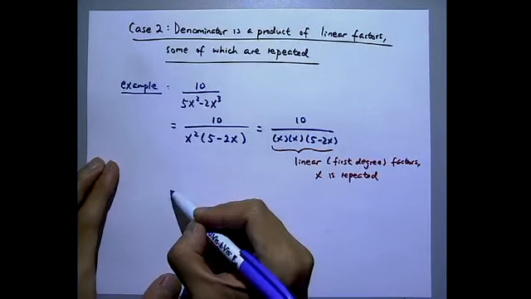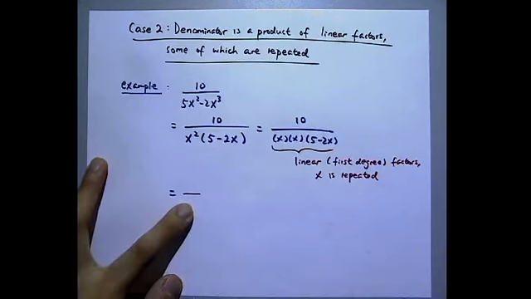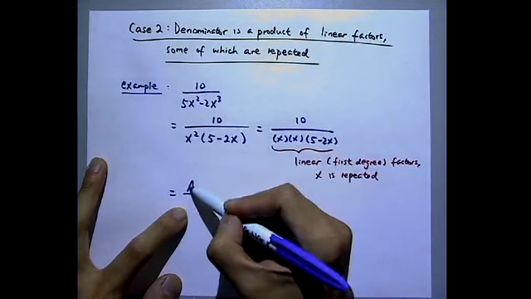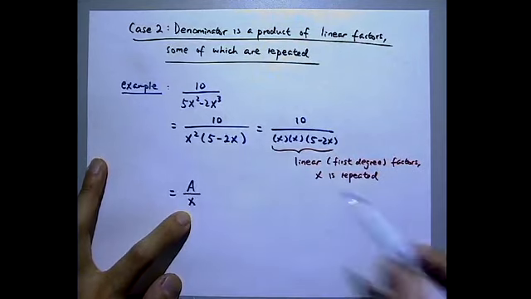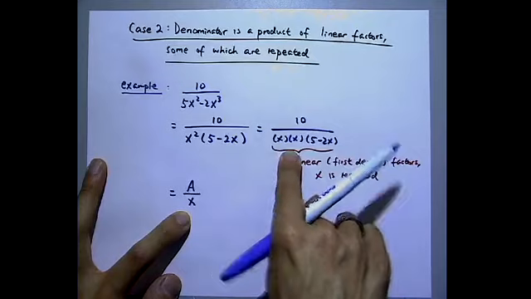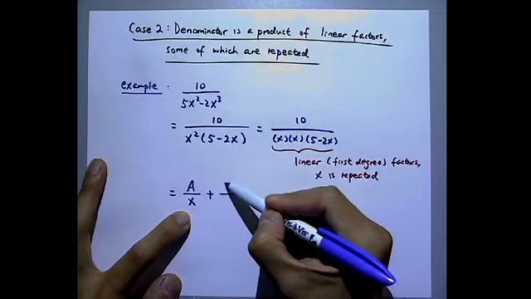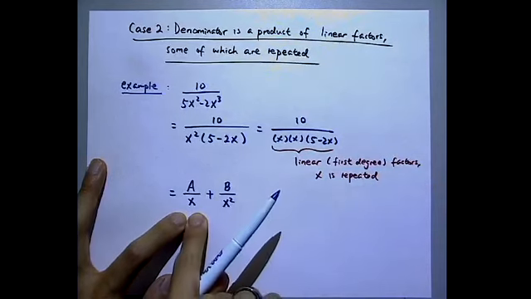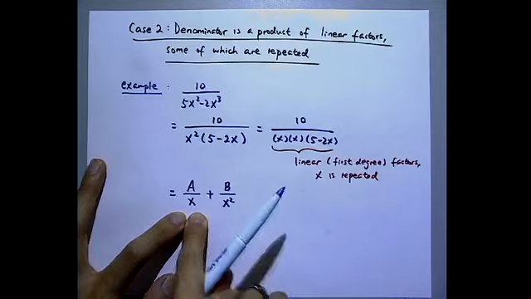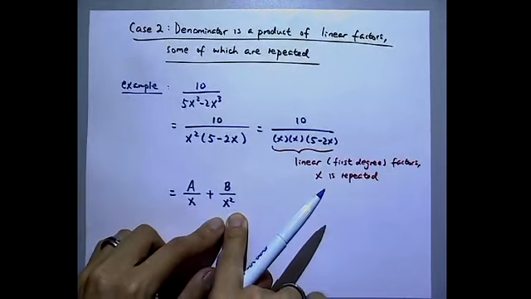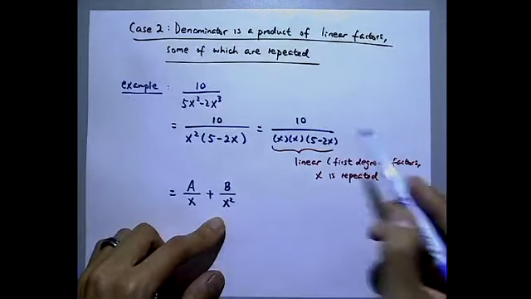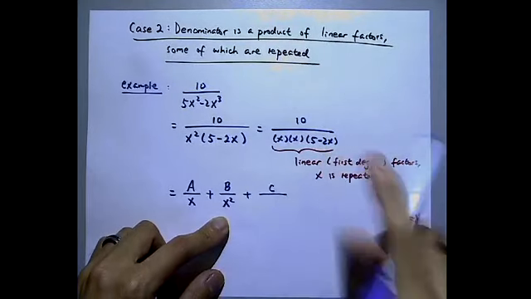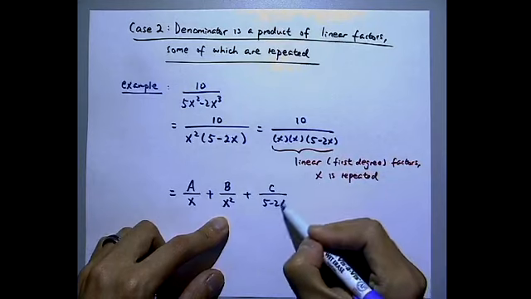When you break this down, we still get some constant over x. But then we notice that x is repeated. So we get one more constant, but over x squared. Okay? So this is what you get when x is by itself. This is added in here because x is repeated. And then we have the last one here, C over 5 minus 2x.